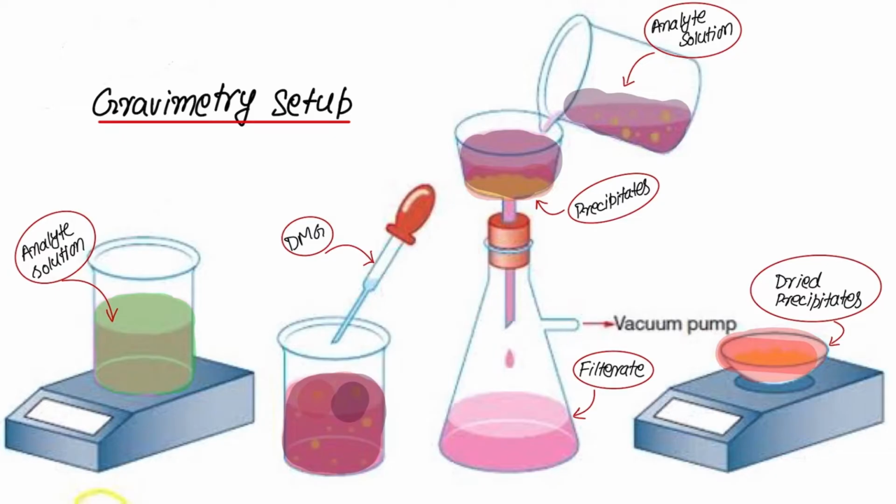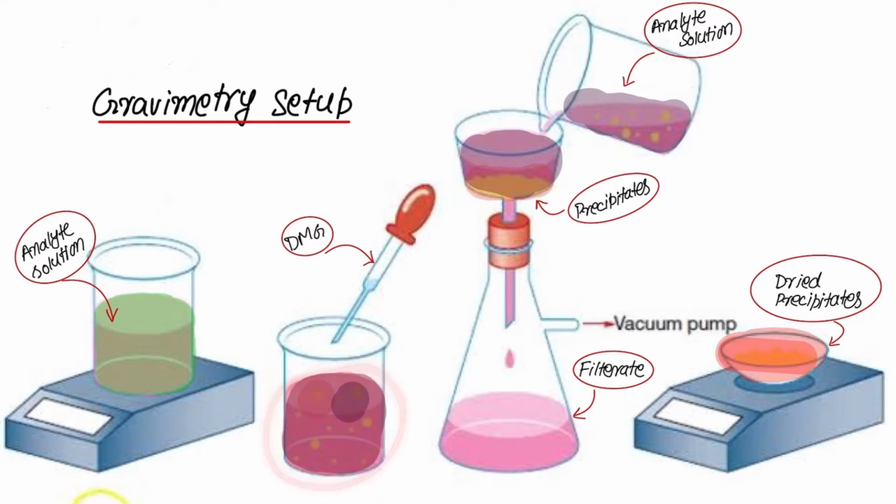After making the complex with nickel, this complex is neutral and almost organic in nature, so it can dissolve back in the ethanol or alcohol solution. That is why we are adding a limited quantity of DMG, drop wise, to this analyte solution.